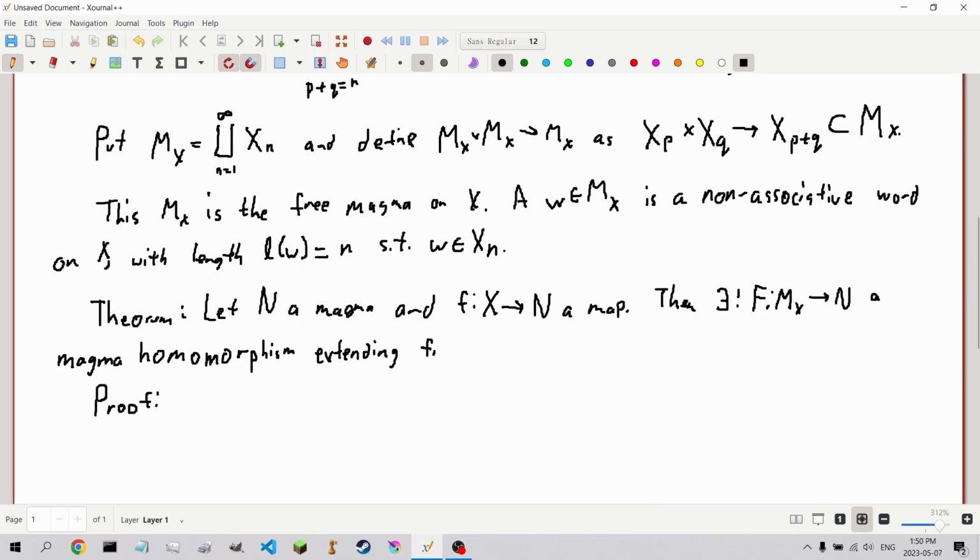And our proof is just going to let F of u times v equal F of u times F of v, inductively.